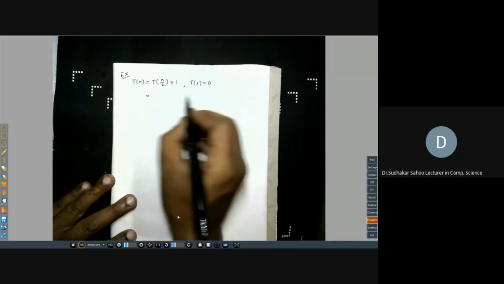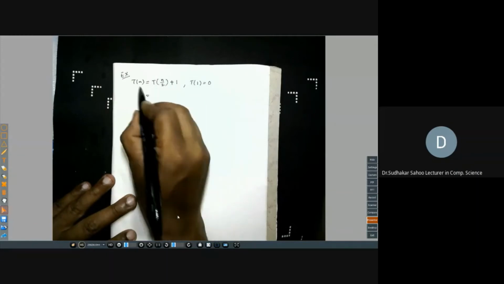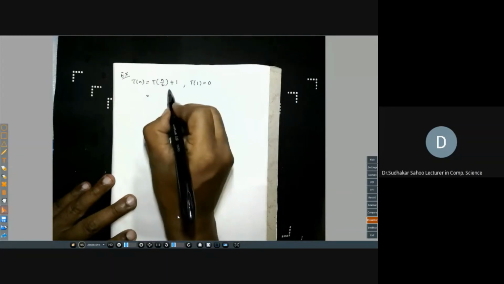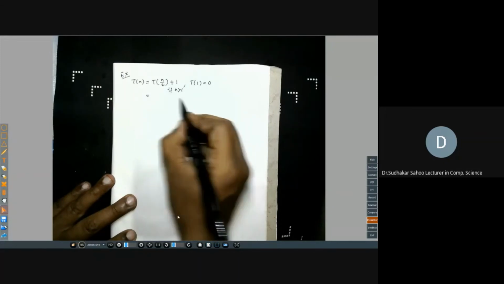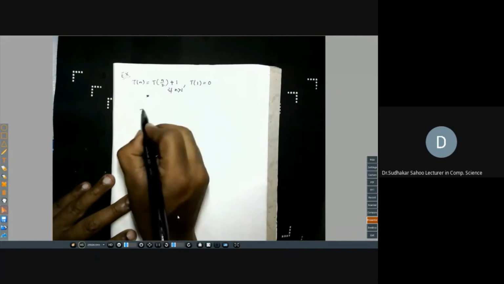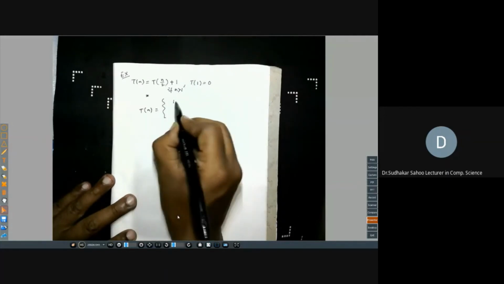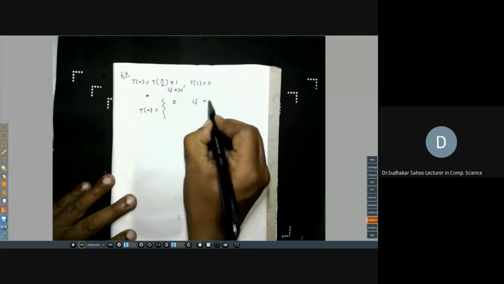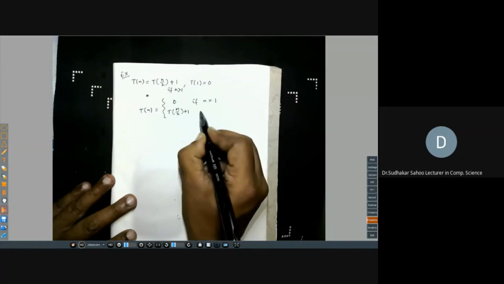This is given. If n greater than 1, this is my problem. When n equal to 1, this is your equation. It can also be written in this way: T(n) = 0 if n equal to 1, T(n/2) + 1 else.